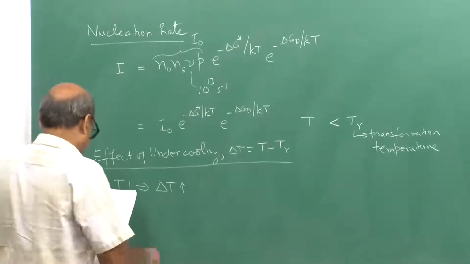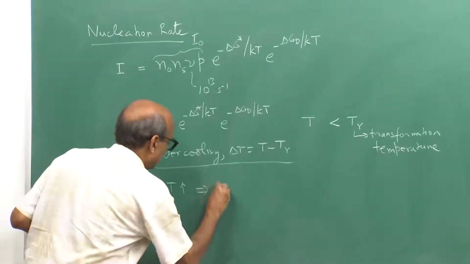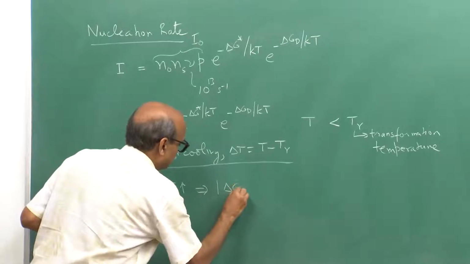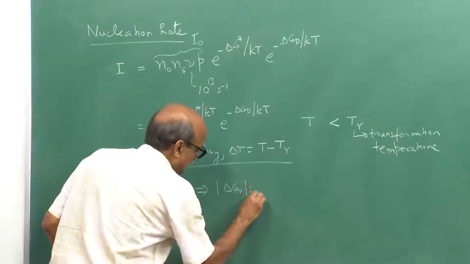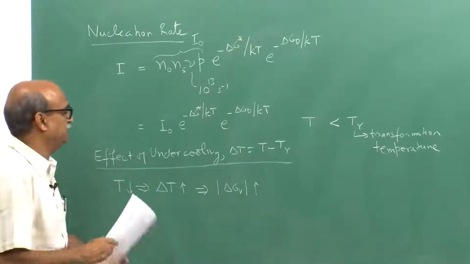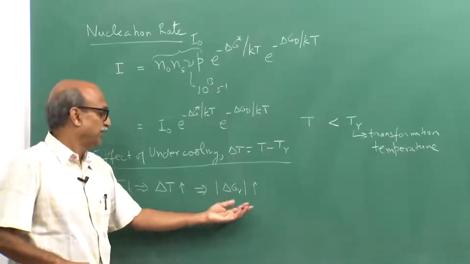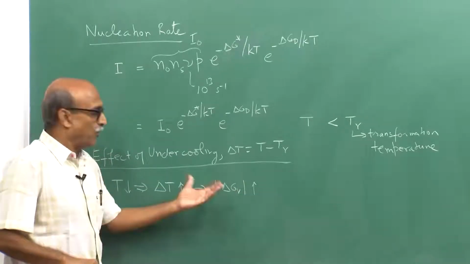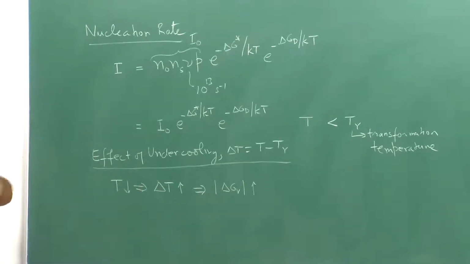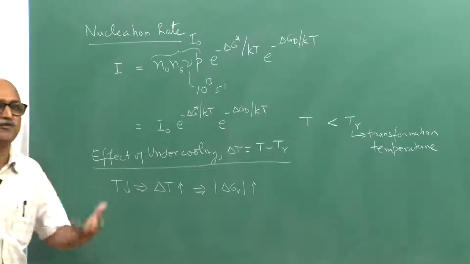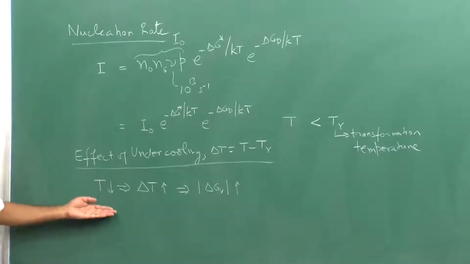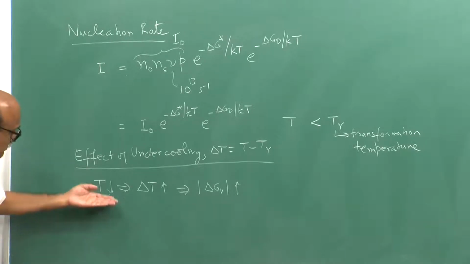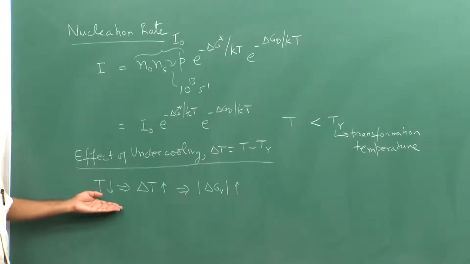and as a result delta GV, the absolute value of the change in volume free energy, increases, or delta GV in fact becomes more negative, which means the driving force for nucleation would increase as temperature keeps decreasing below the transformation temperature.